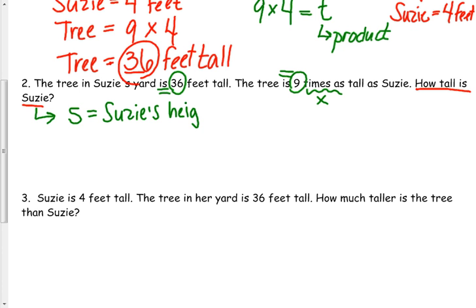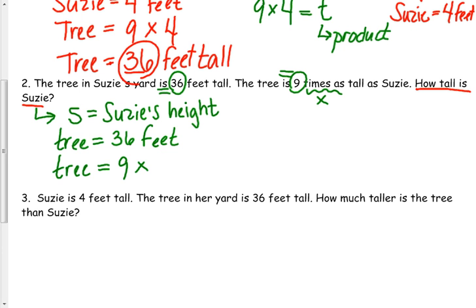So let's put all of this information together. The tree in Susie's yard is 36 feet tall. So tree equals 36 feet. The tree, again we have tree is, or equals 9 times as tall as Susie. But we don't know how tall Susie is.